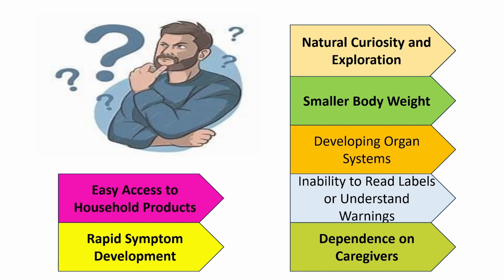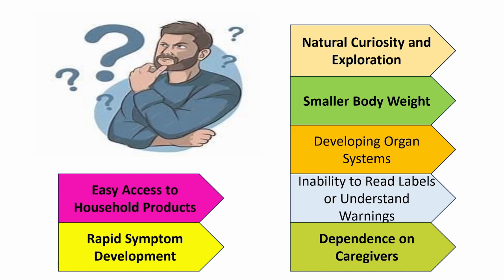Other than that, detoxification and other functions, their organs are not much developed, so toxicity is higher because of the developing organs in children. Other than that, they don't know the danger of the poison, that means an inability to identify the poisons.